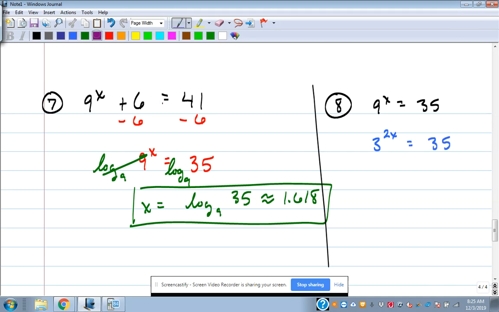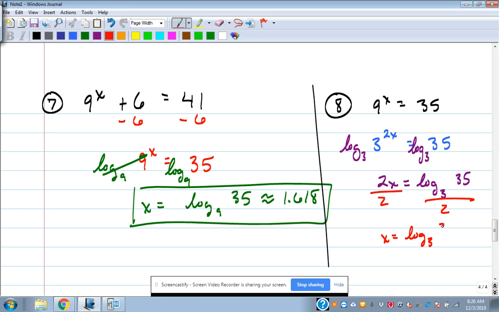And I did log base 3 of each side. And then I'd have to divide by 2 at the end. Is that the same answer? It should be, right? Because it's the same equation, same problem that we're solving there.